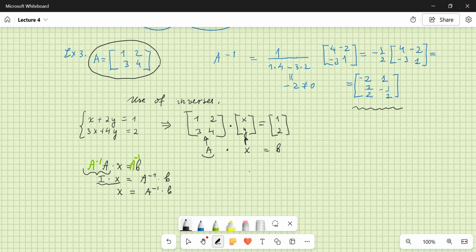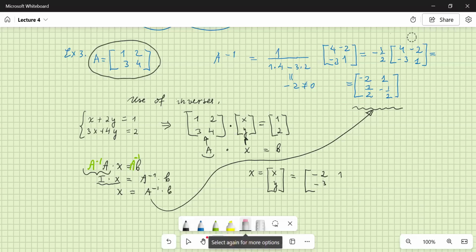So my column X, which is not just x but x, y, 2 unknowns, is going to be equal to the product of matrix A inverse, which I already calculated ahead of time: minus 2, 1, and plus 3 over 2, sorry, 3 over 2, and minus 1/2.